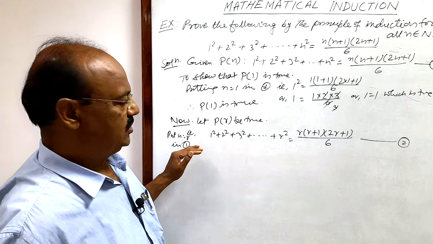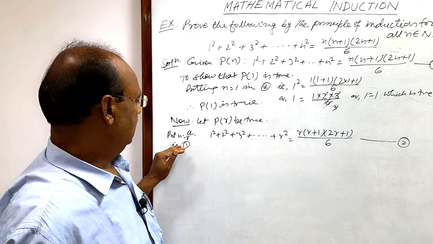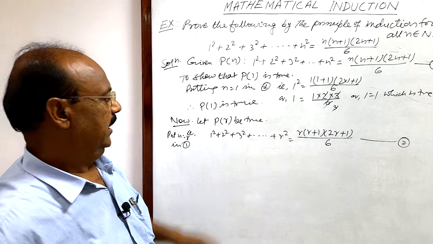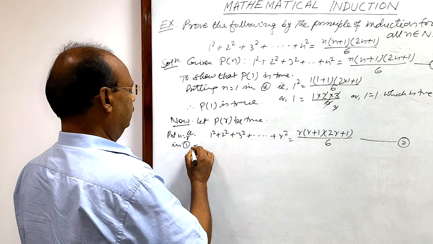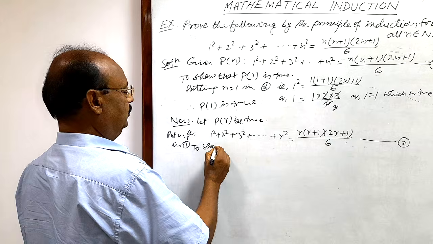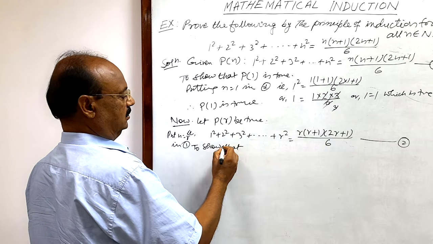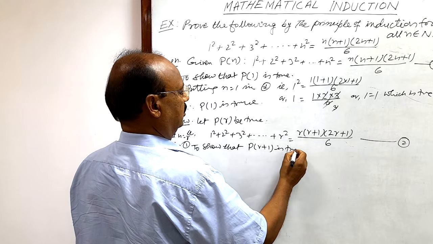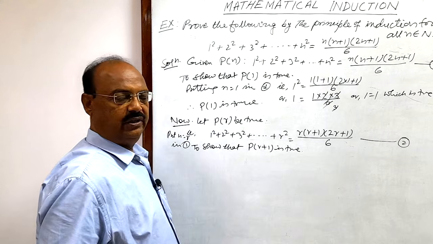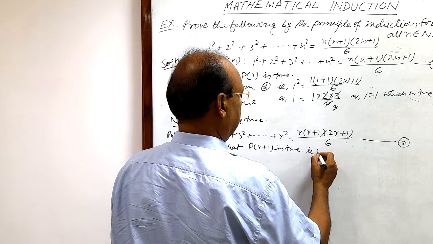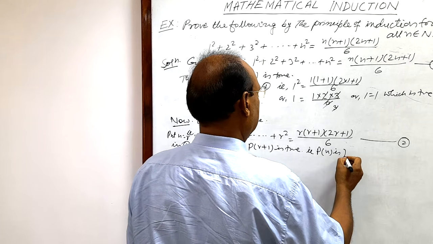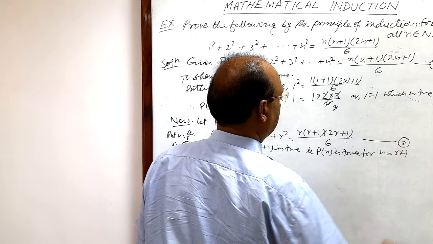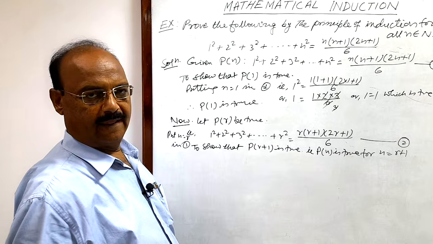So in the second step of the principle of induction, we are assuming that Pr is true. And now what do we have to show? In the final step, we have to show that Pr plus 1 is true. What does it mean? It means that Pn is true for n equal to r plus 1.